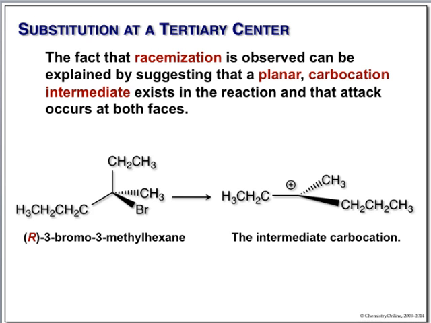Once we have the carbocation, remember it's planar. Because it's planar, we could bring our nucleophile in either from the top or the bottom, and that's why we would get a racemic mixture. The top would give one enantiomer, the bottom would give the other.